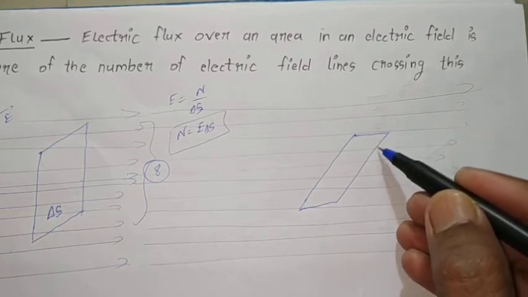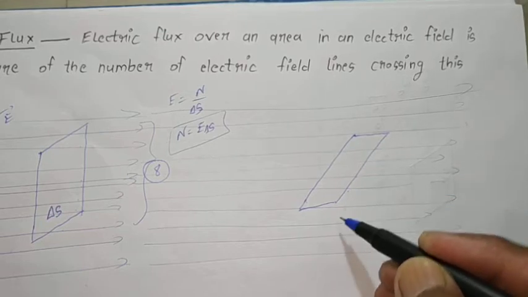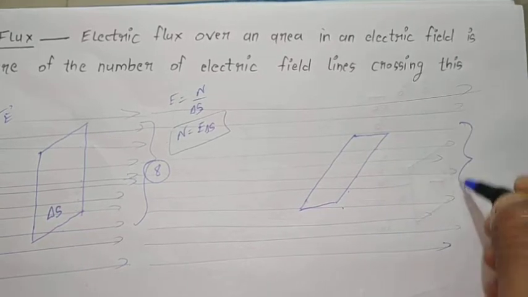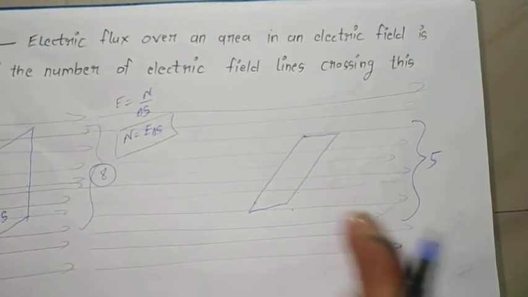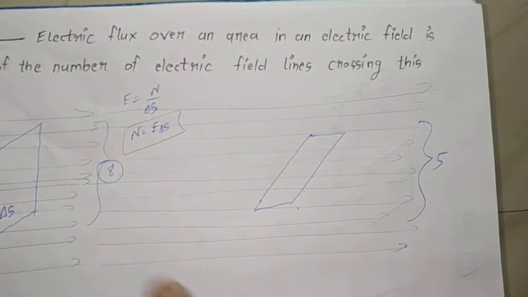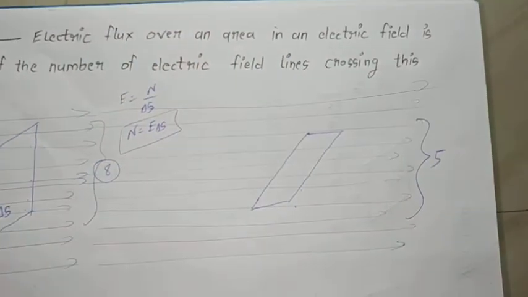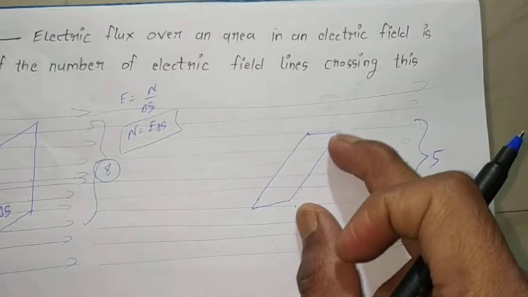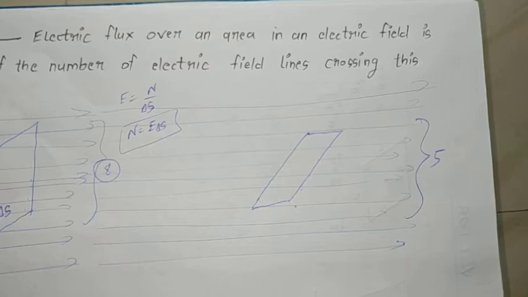This one is outside. 1, 2, 3, 4 and 5. 5 field lines are passing through this surface. So when I have tilted our surface by some angle, the number of field lines is reduced.